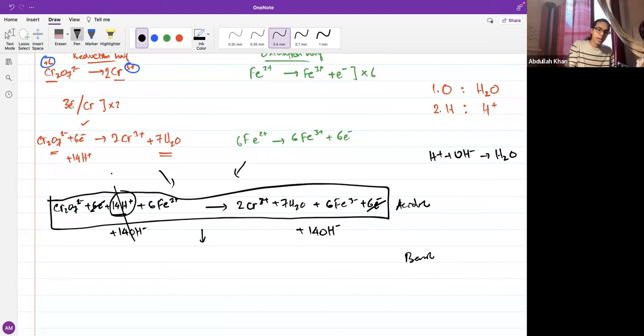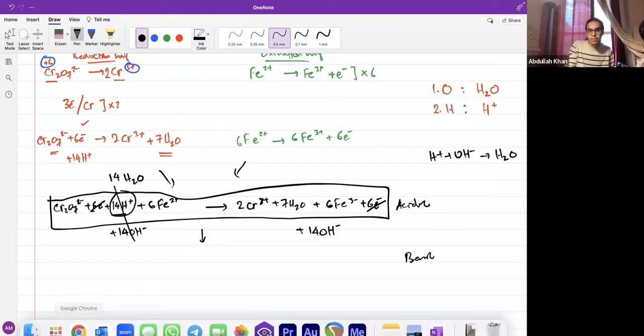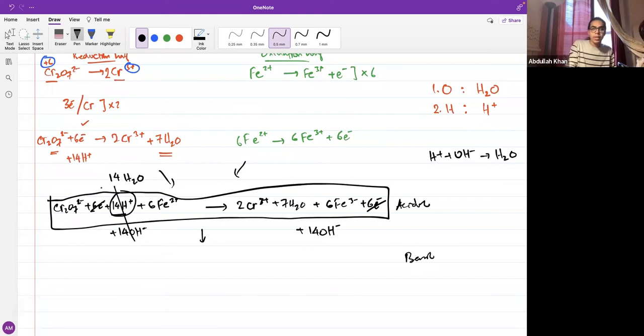And on the left-hand side, you neutralize the H plus and the OH minus to waters. But now I have a water here and a water here. So some cleaning up, that becomes a 7.